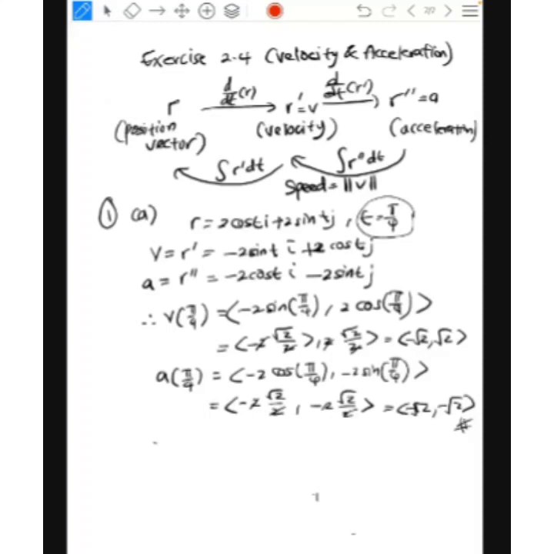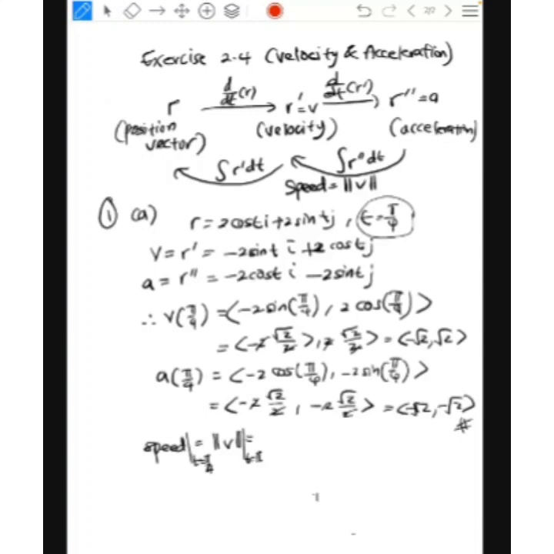And then speed. Okay, speed is the magnitude of velocity, which is the speed at t equals 5 over 4, which is the magnitude of the velocity at t equals 5 over 4.